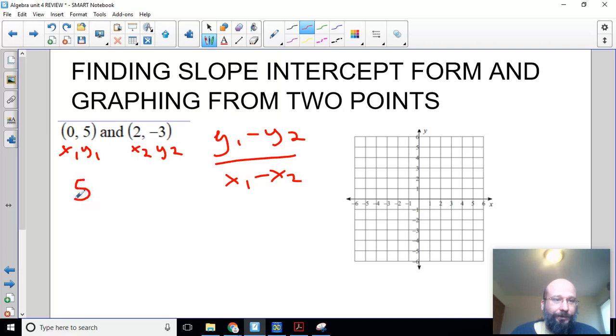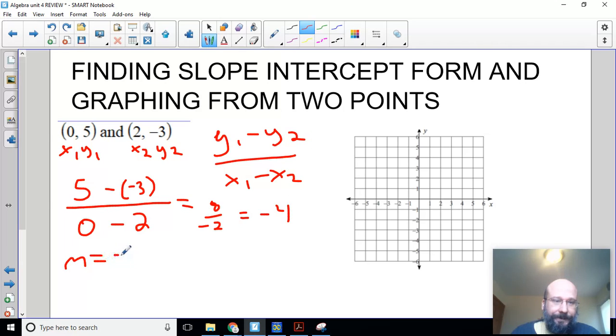So you subtract your y's, 5 minus negative 3 over top of 0 minus 2. You do this math, it will give you the slope. This is going to be 8 over negative 2, which 8 divided by negative 2 is negative 4. So our slope then is negative 4.